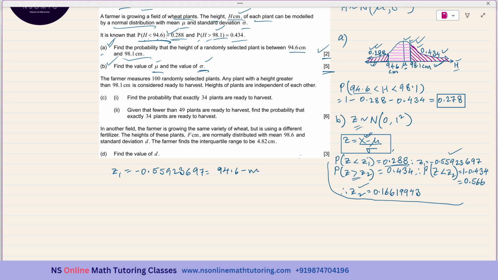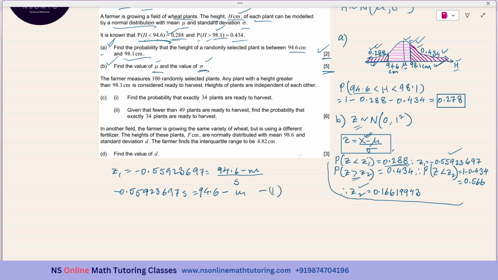You can take this as X and the other as Y. I'm taking mean mu as M and the standard deviation sigma as S. So the first equation becomes negative 0.5592367 S is equal to 94.6 minus M. This is the first equation.